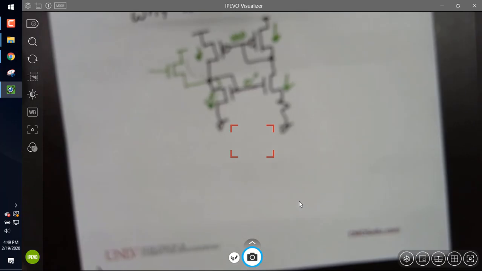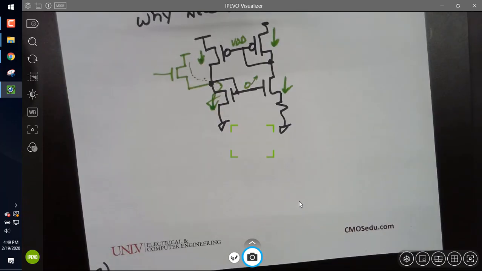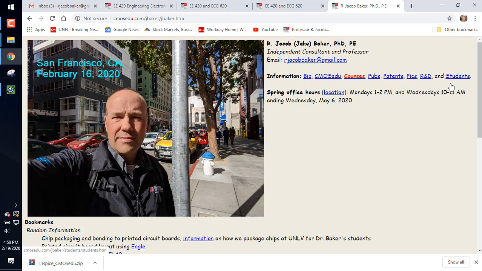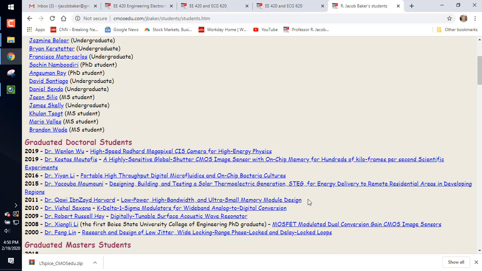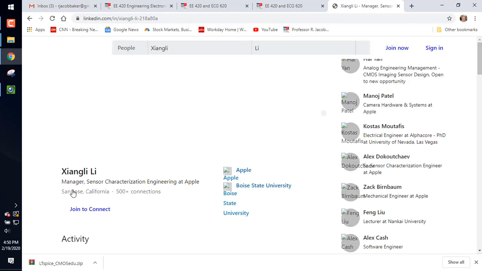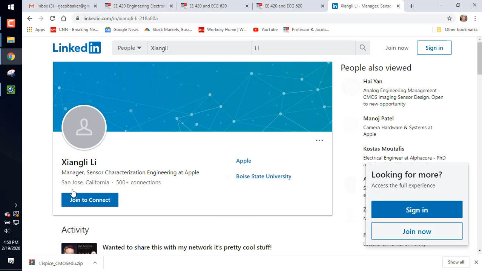And my first PhD student at Boise State, Shangli Li, did his PhD in CMOS imagers with me, and he's now the sensor characterization manager at Apple for their phone imagers.